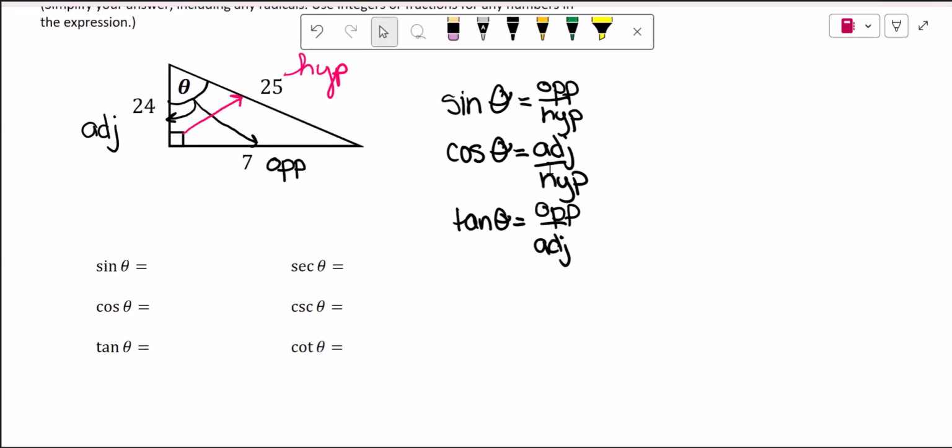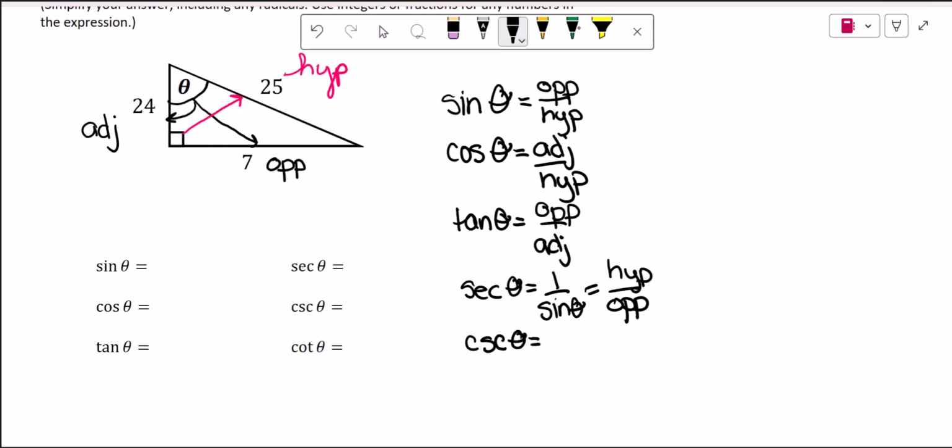Now for the secant, cosecant, and cotangent, it's actually really easy from here. The secant is just 1 over the sine. Well, our sine is opposite over hypotenuse, so the secant is hypotenuse over opposite. The next one is the cosecant of theta. Can you guess what that's going to be?